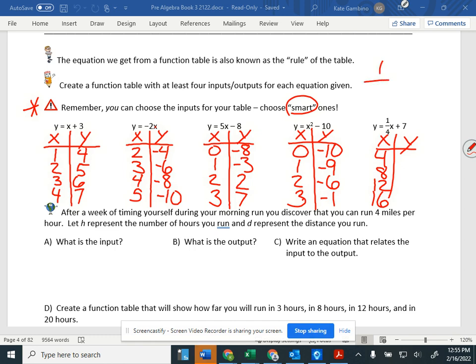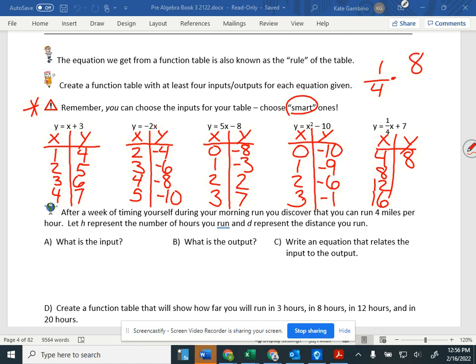So if I'm doing 1/4 times 4, that's easy for me to do in my head. Okay, 1/4 times 4 is 1, plus 7 is 8. Now I'm going to do 1/4 times 8. Well, that's going to be 8 divided by 4. That's 2.